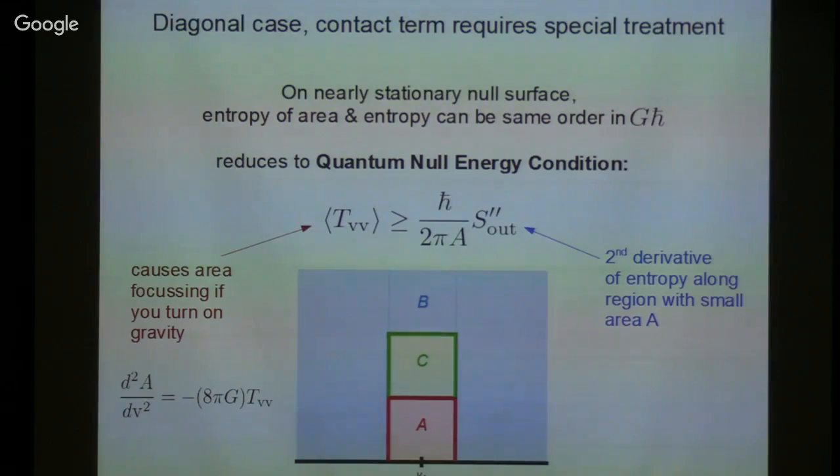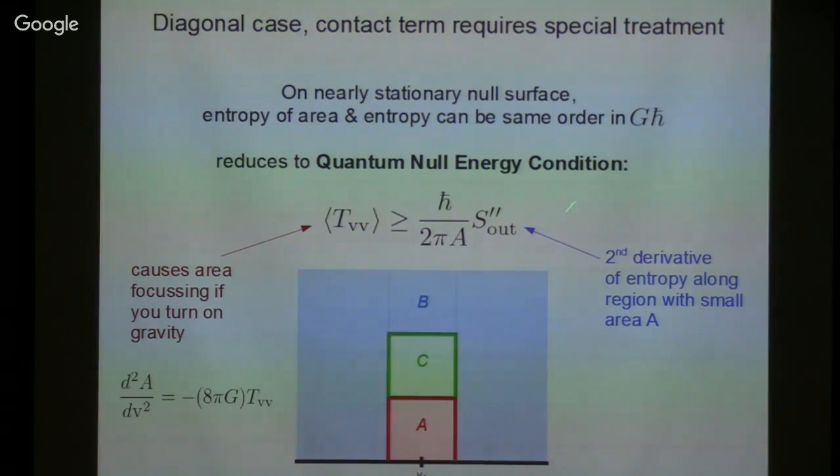So when you do this, we actually find a statement which would have to be true for non-gravitational theories, which we call the quantum null energy condition. The statement is that in a quantum field theory, the null-null component of the stress tensor would actually be bounded below by a quantity related to the second functional derivative of the entropy of the system.